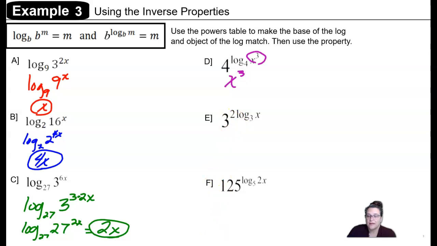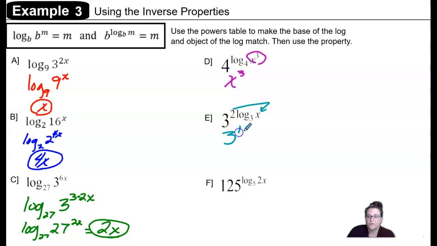Okay, then in example E, we have a base of 3 raised to the 2 times log base 3 of x power. So our bases match, but we have a coefficient here on this log that is not present in the inverse property. So we're going to use the power property to change that coefficient into an exponent on the argument of the log.